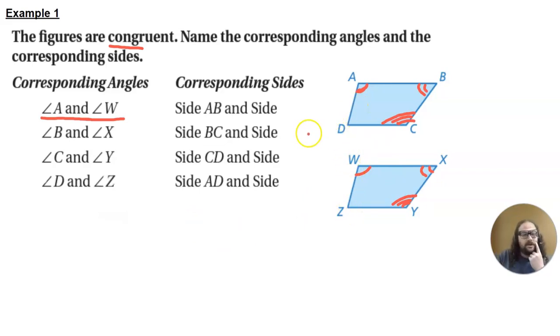So corresponding angles means that the angles are in the same position with respect to each shape, right? Angle A and angle W are in the same place, so they have the same measurement.